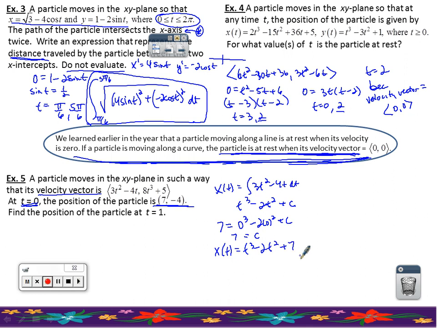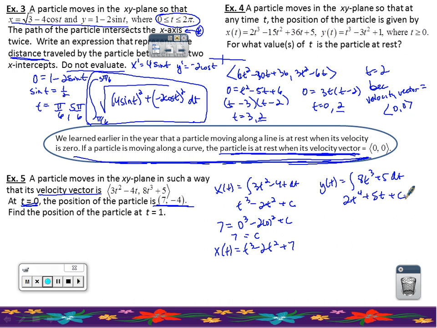Okay, we would do the same type of procedure to find y of t. So we would do the integral of 8t cubed plus 5. Then we do our antiderivative. So let's see, add 1, get 4. So that'd be 2t to the 4th plus 5t plus c.